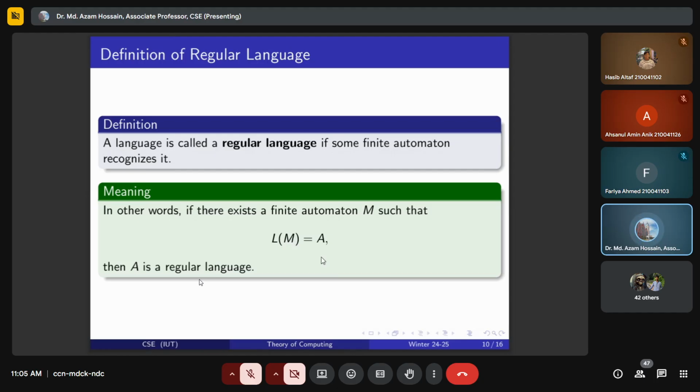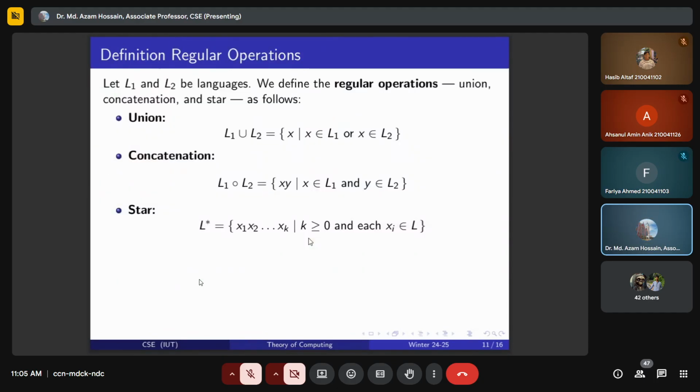So if a language is regular, that means we have a finite state machine for that language to recognize or to compute or to solve that language, whatever you can say. So if two languages are regular and we perform some operation, that operation is called a regular operation.